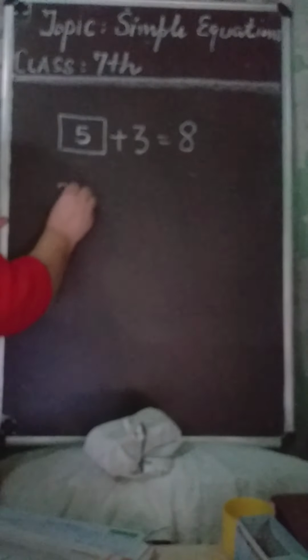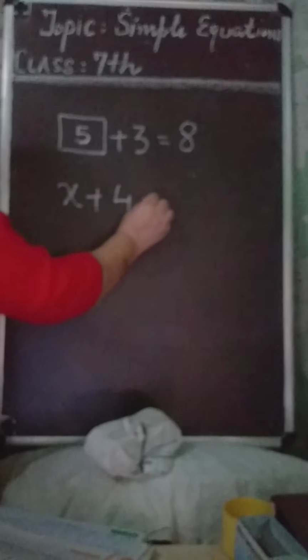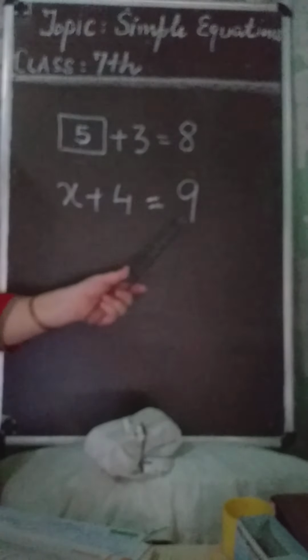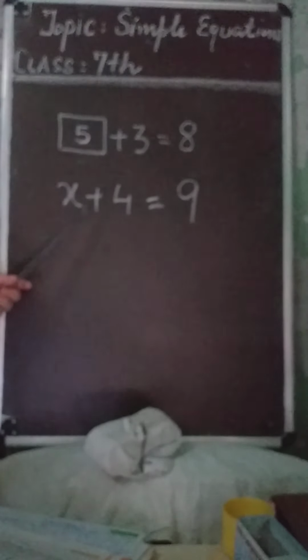Children, here if I write x plus 4 is equal to 9, if I do any change in the left side, the same change should be done to the right side.